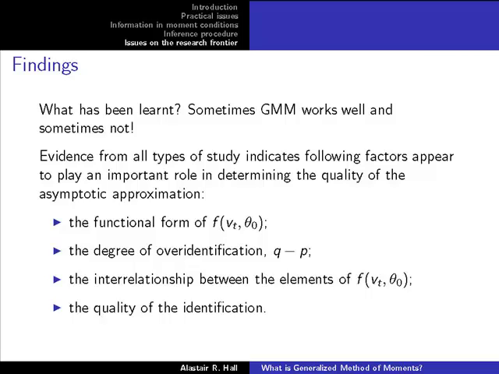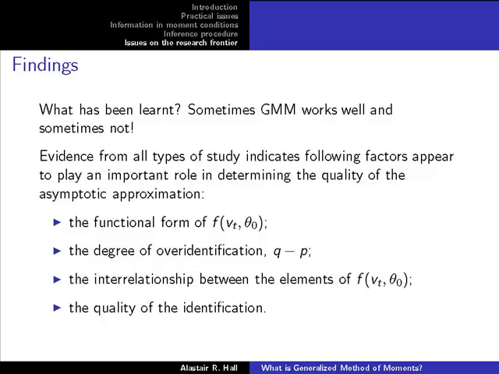What people have found is that in some circumstances of interest, you might think that the identification condition that we wrote down is technically satisfied, but nevertheless, the quality of the information being provided by the moment condition about the parameters is not very good. Okay? And if we don't have very good information, this theory is not going to provide a very good approximation.